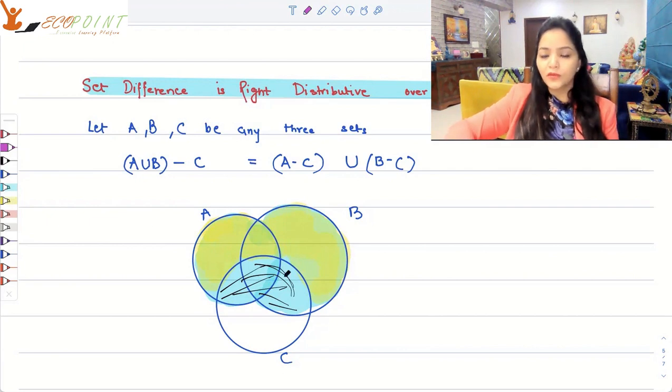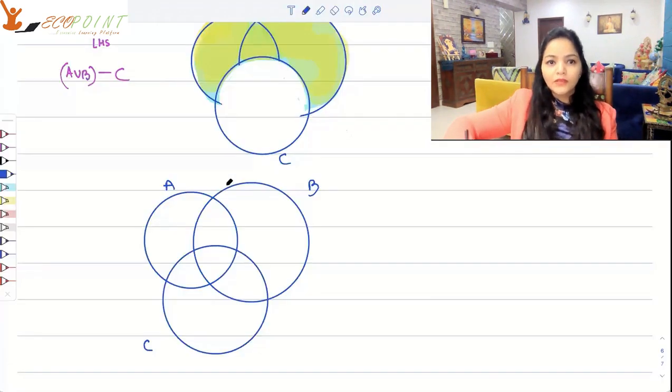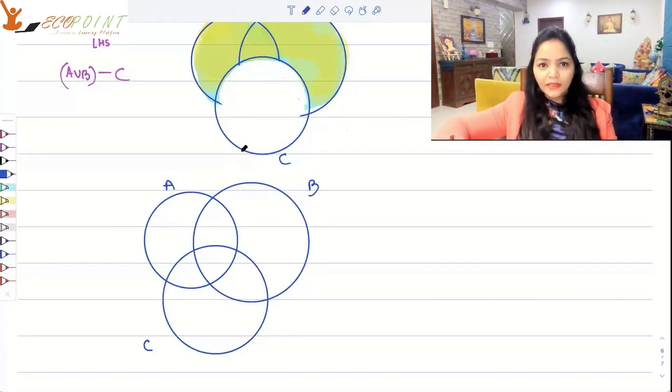So what you've done is you've subtracted C. So you have cut that C portion. Now let's observe the right-hand side. Are we going to get the same thing? Now we have to see what is the area defined by A minus C union B minus C. So we will have to locate what is A minus C. So you got to take out everything that is in A, which is also in C. So everything that's in A is this.